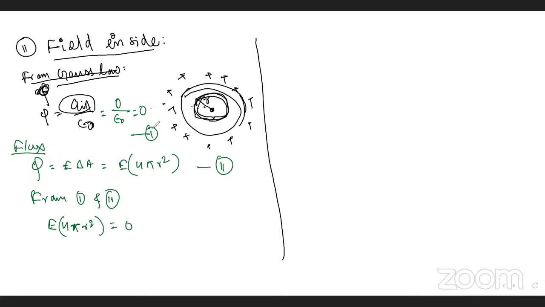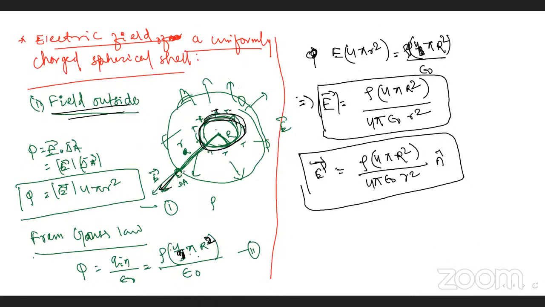From equation 1, flux equals 0. So you can write that E equals 0. So what conclusion are we getting for a uniformly charged spherical cell?